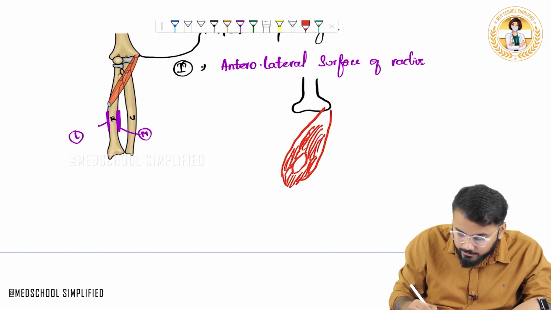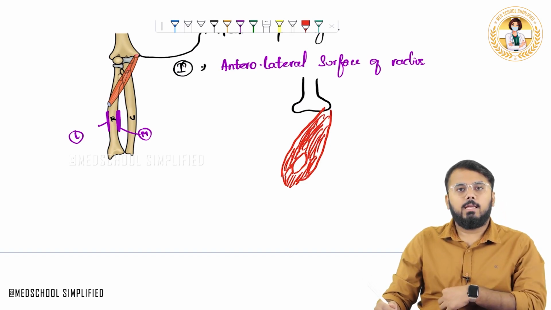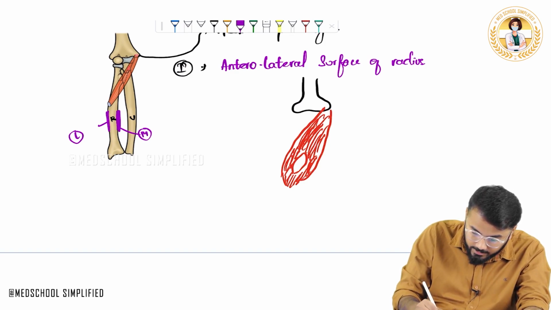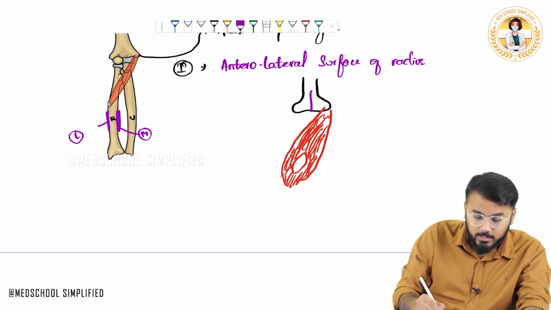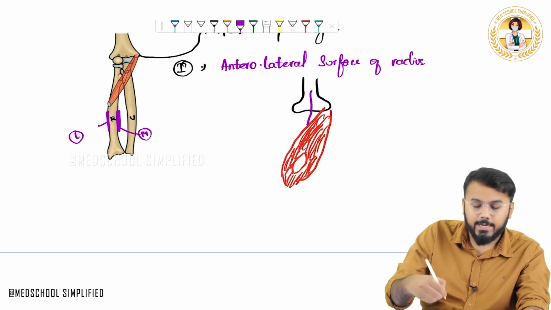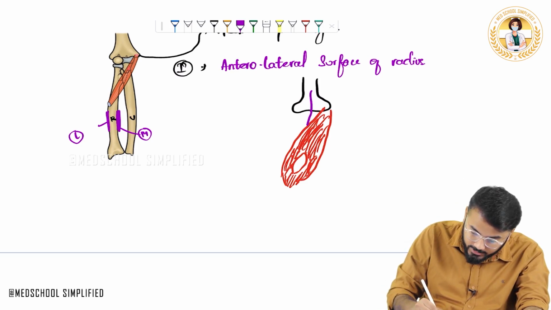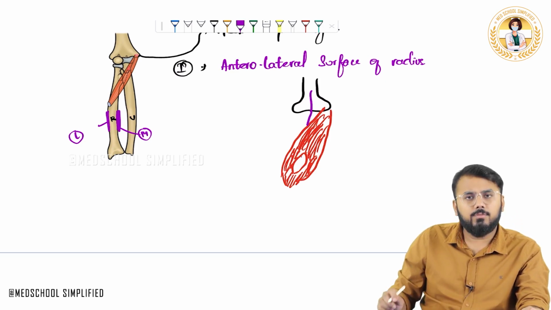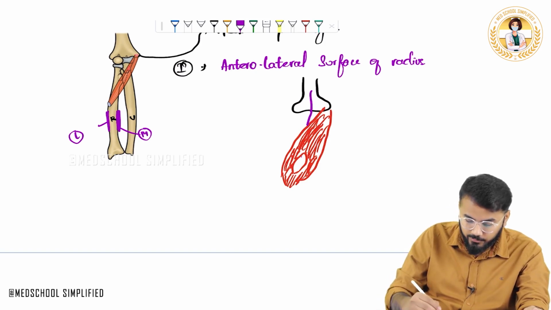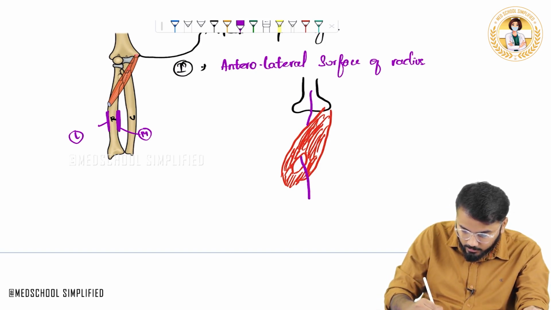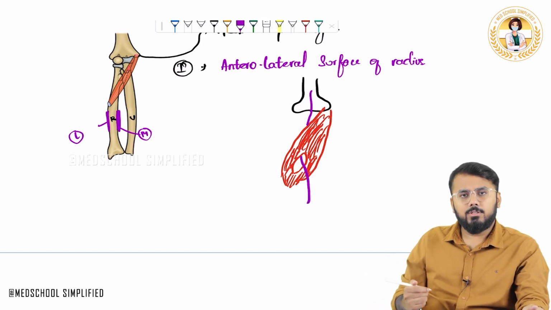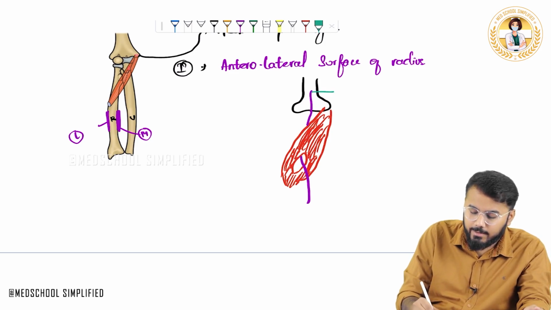Now what I am trying to explain here is that there is a very important nerve, keep it in mind. There is a nerve that comes all the way down like this. It passes behind the pronator teres muscle, but there is an opening in the muscle, because there are two heads of the pronator teres. Between the two heads, this nerve passes down. By the way, the name of this nerve is the median nerve.